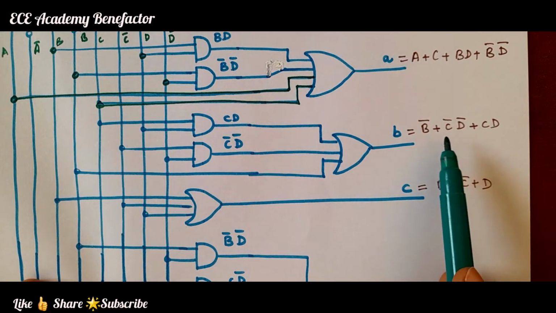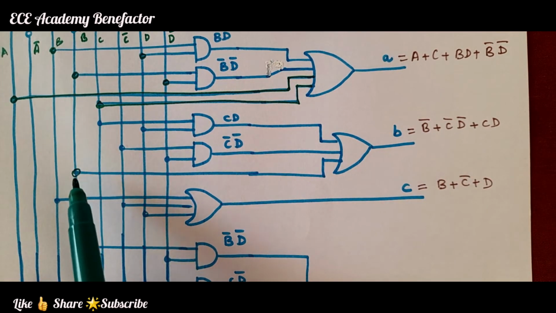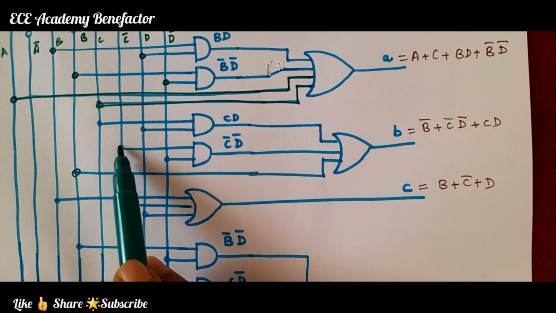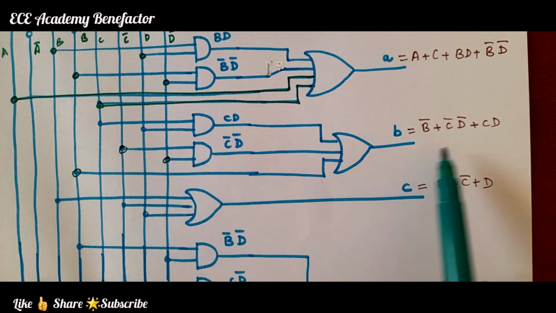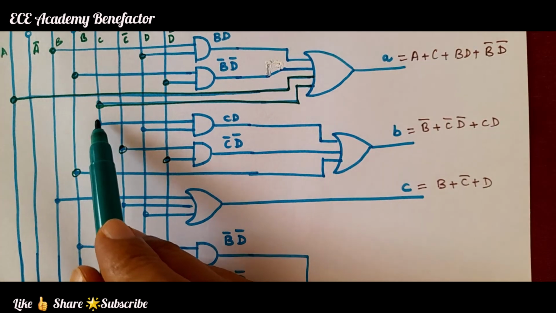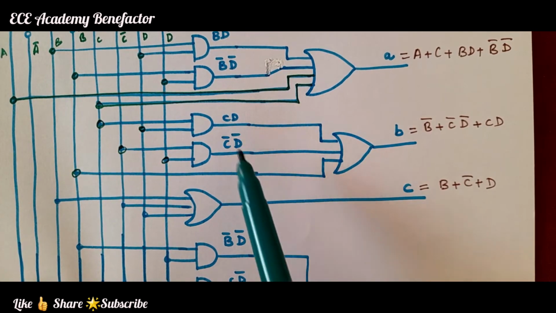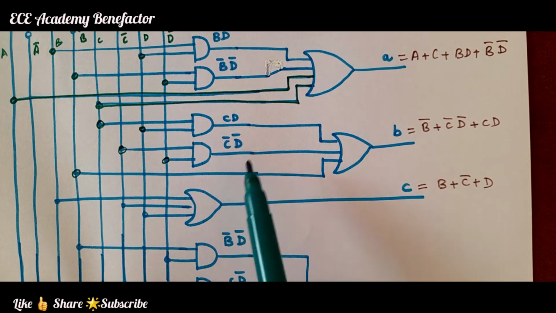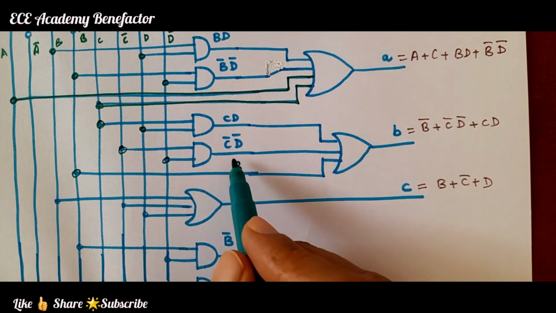Now let us see for B, what is the function we are getting? We got it as B bar plus C bar D bar plus CD. So we are having 3 terms, CD, C bar D bar, and this is B bar.